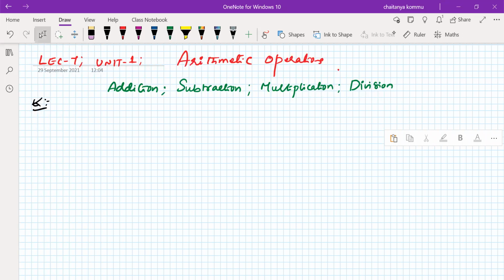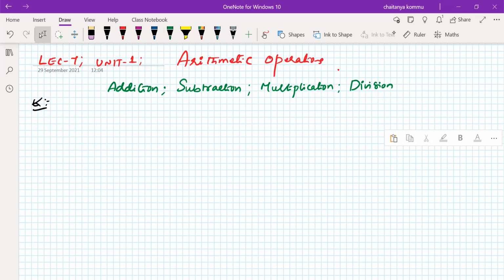If you perform the arithmetic operations on a binary number system, then it is called binary arithmetic. Clear? Whereas if you use the decimal number system or any other number system, generally we can call it integer arithmetic.